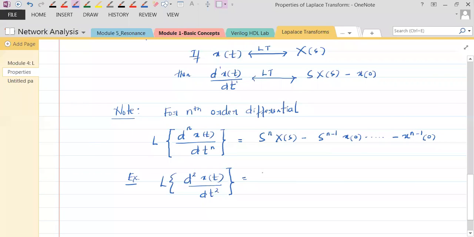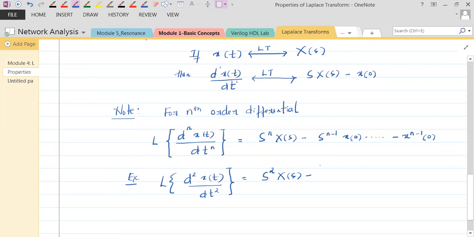So it is nth order. For nth order it is this. For second order it is supposed to be s square capital X of s minus s to the power n minus 1 x of 0. What is n? n is 2, right?